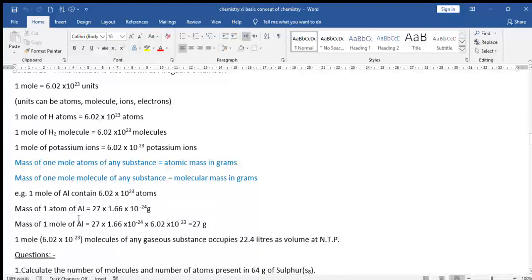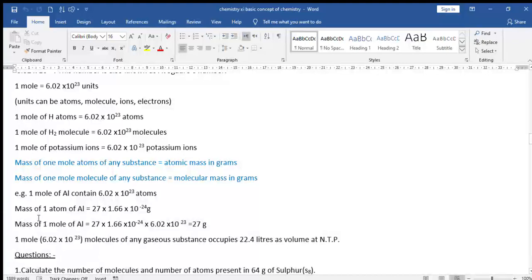Mass of 1 mole of atoms of any substance is the atomic mass expressed in grams. Mass of 1 mole of molecules of any substance is the molecular mass expressed in grams. For example, 1 mole of aluminium contains 6.02 into 10 to the power 23 atoms.